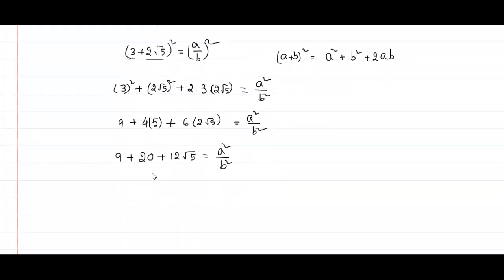So here 9 plus 20 is 29 plus 12 root 5 is equal to a square by b square.